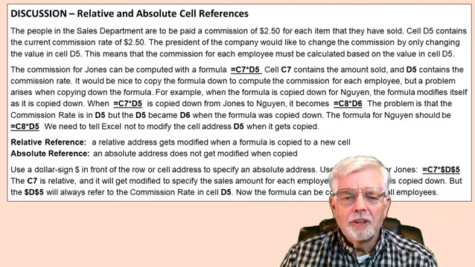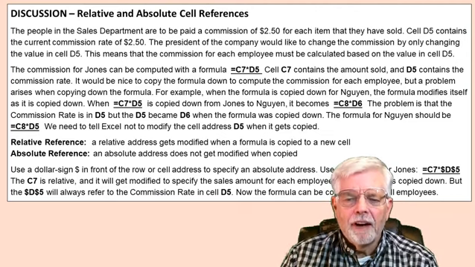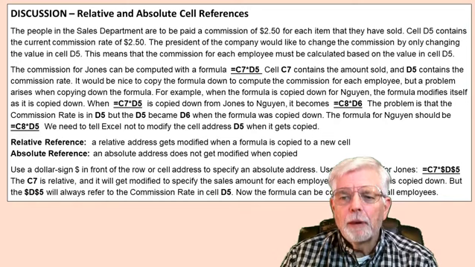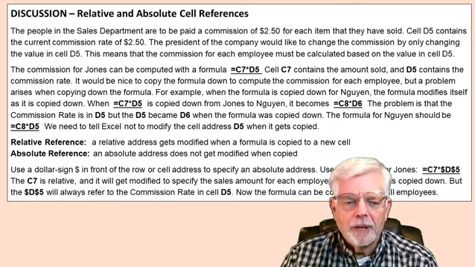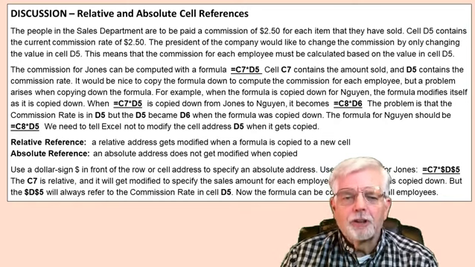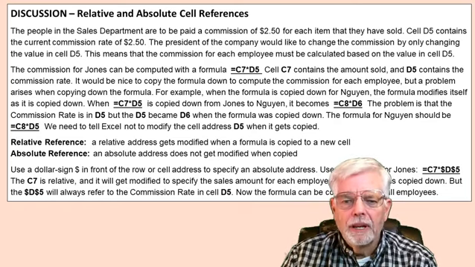The problem is that the commission rate is in F5, but the F5 became F6 when the formula was copied down. F6 does not point to the commission rate. The formula for Win should be equals C8 times D5. We need to tell Excel not to modify the cell address D5 when it gets copied.